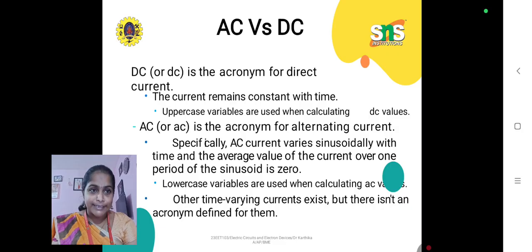AC current varies sinusoidally with time and the average value of the current over one period of the sinusoid is 0. Remember that. We also have other time varying currents, but we don't have any specific acronym for them. We have only AC and DC.